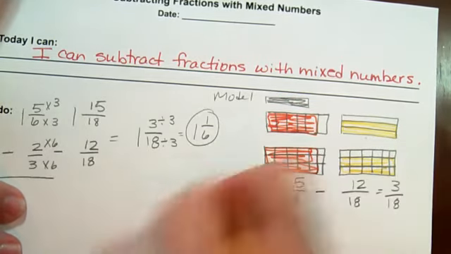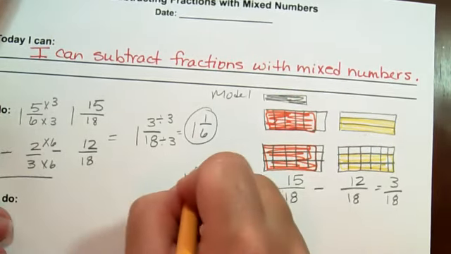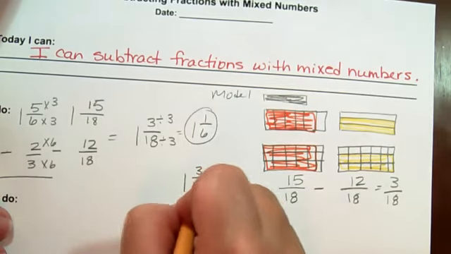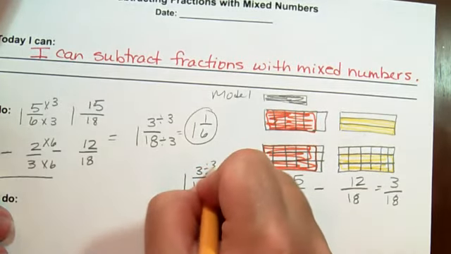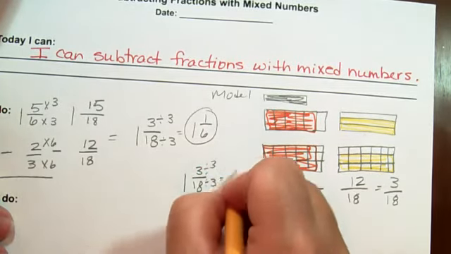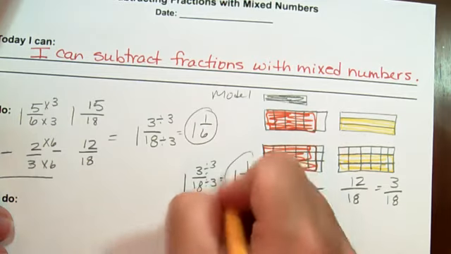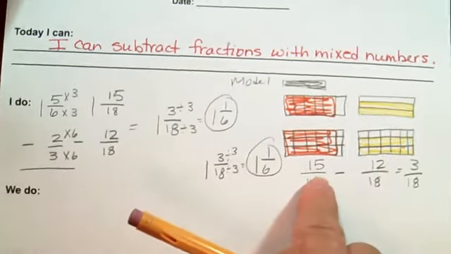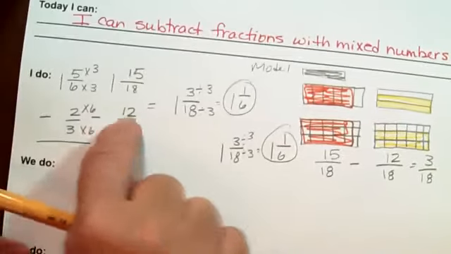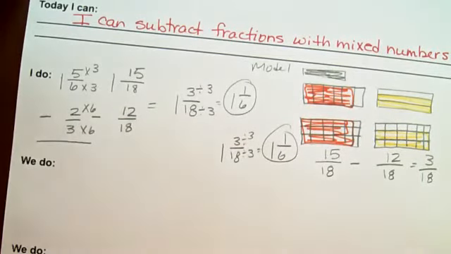So let's bring down our 1 whole and our 3/18. And then we once again can divide that by 3 and get 1 1/6. So you've got the modeling, and then you've got the computational way. If you need help with modeling or you struggle with them, let me know, and I'll be happy to help you.